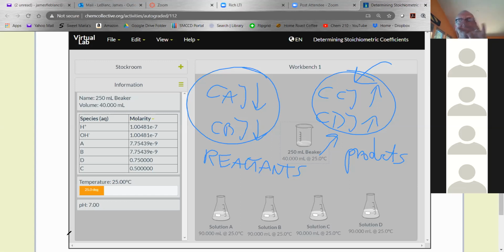I'll add just A and B by themselves. Do I still get C and D in the same amounts? Then I'm pretty much done at that point. But if, let's say, I make C but I don't make any D, that probably means I need a little bit of C there at the beginning. But what I can say definitely is that A and B are definitely reactants. There's no doubt about that.